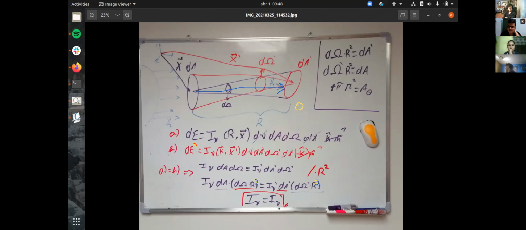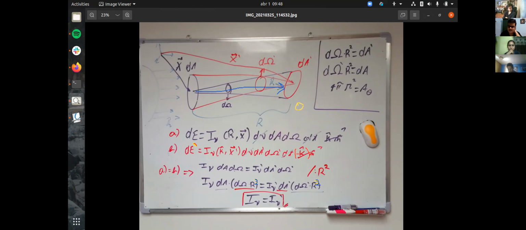But what is important to understand here is that dE prime, written as it is at the moment, represents the energy that's crossing dA prime and that's coming from dA, because we are using the solid angle that subtends dA.